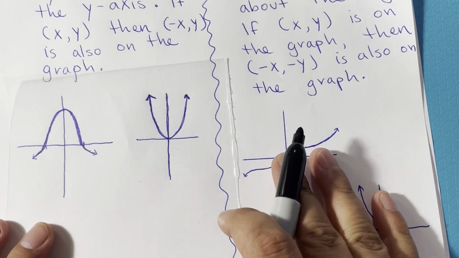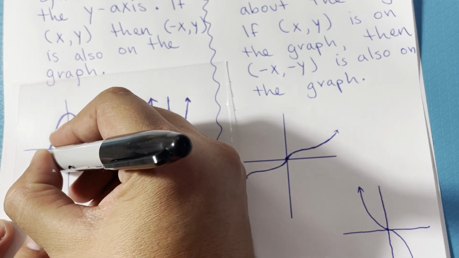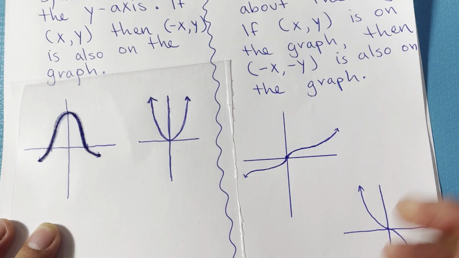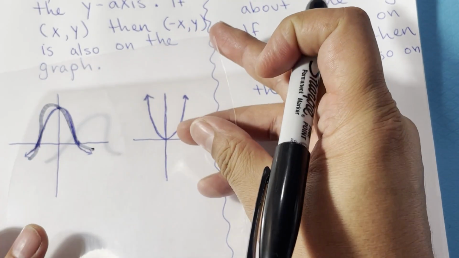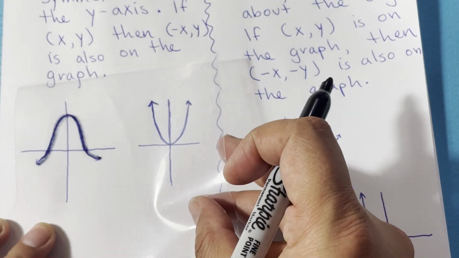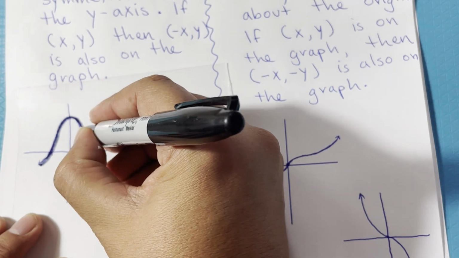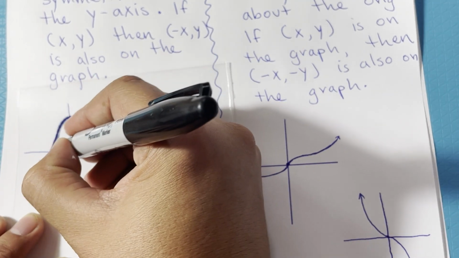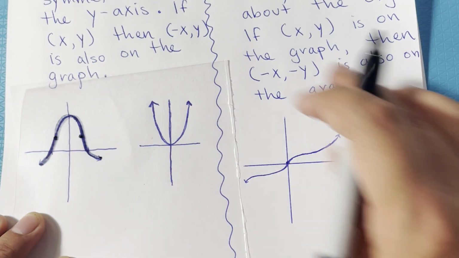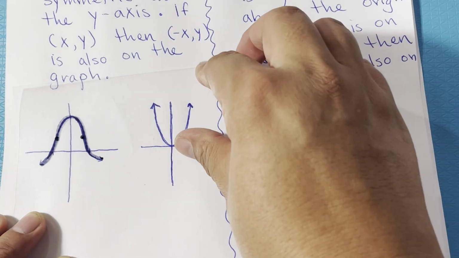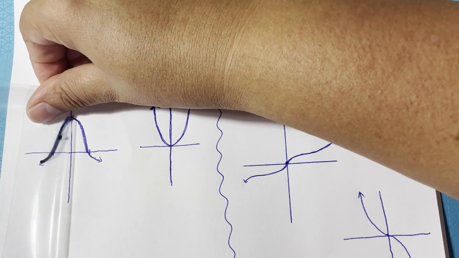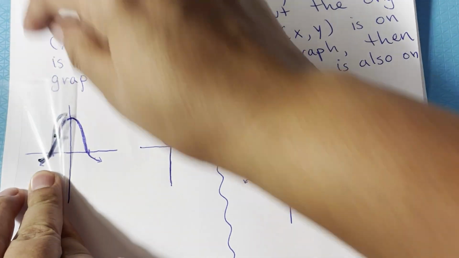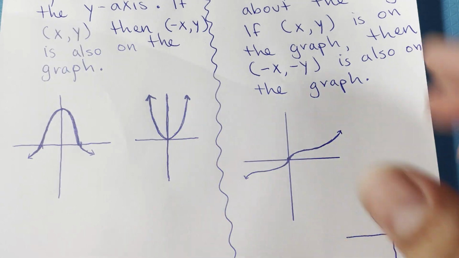Okay, if we have this graph in here and we trace it like that, it means that, let's say that this point right here is maybe (1, 1), and then (negative 1, 1) is also on that same graph. And what happened? If you fold this, the two dots will meet. And the same thing will happen in here.